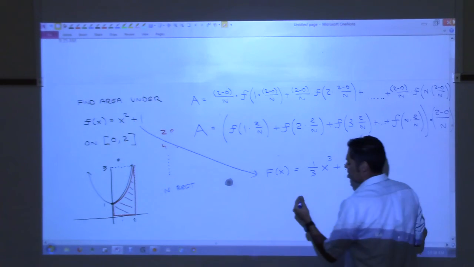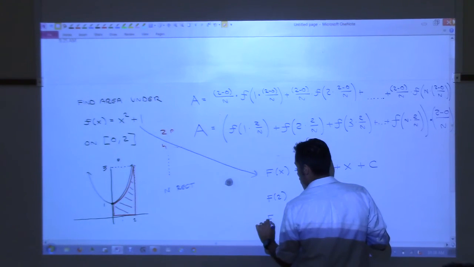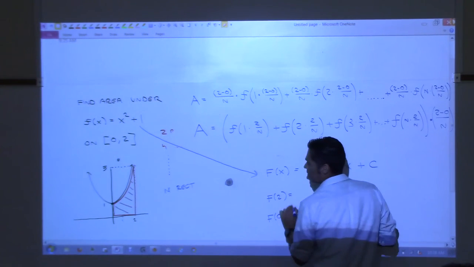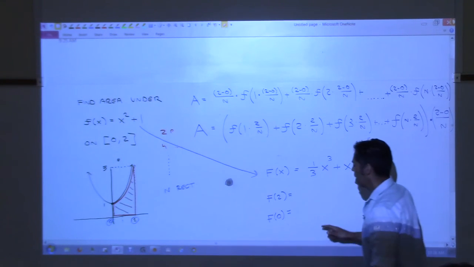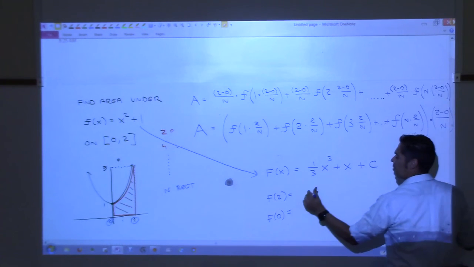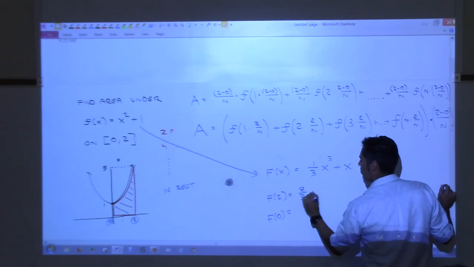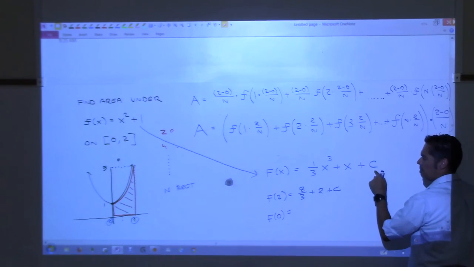Here's what I'd like for us to do now. Plug 2 into this, and then plug 0 into this. Now when I say 2 and 0, those were our two endpoints, weren't they? 0 and 2. So if I plug 2 into this, what do I get? 8/3 plus 2 plus c. And if you plug in 0 in here, what do you get?